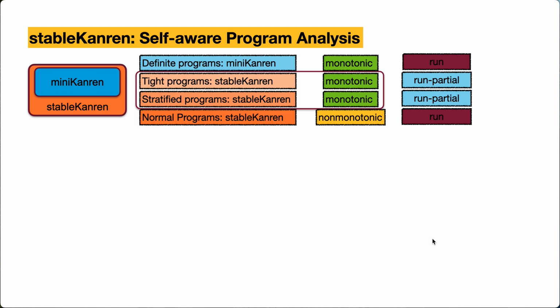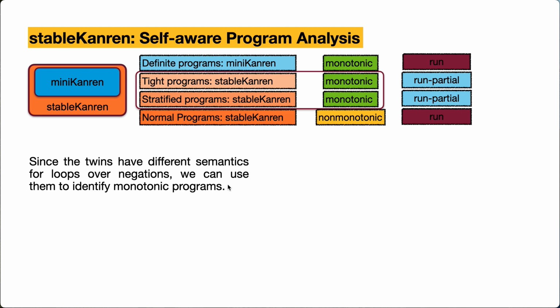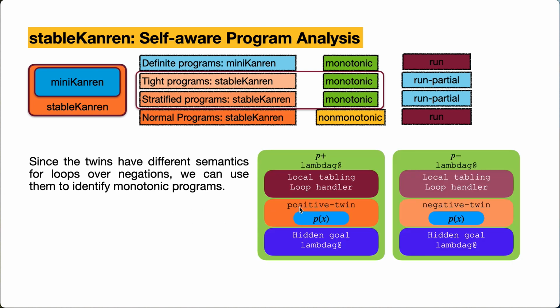Now that we have these twins, stableKanren is able to perform self-aware program analysis. Since the two twins have different semantics for loops over negations, we can use them to identify monotonic programs. Remember these two twins, the different colors indicate they have different semantics for the loops and negations.